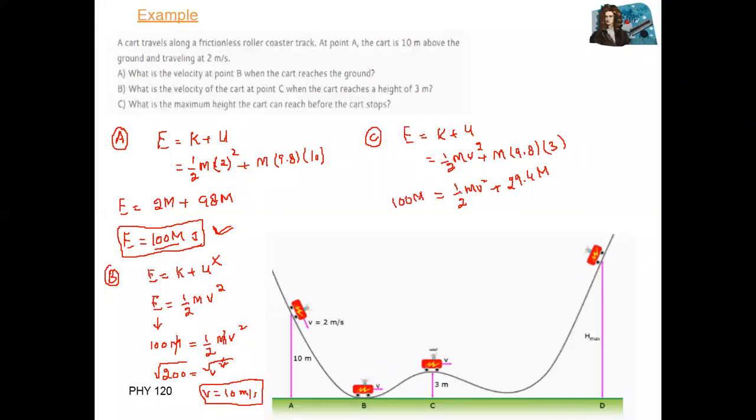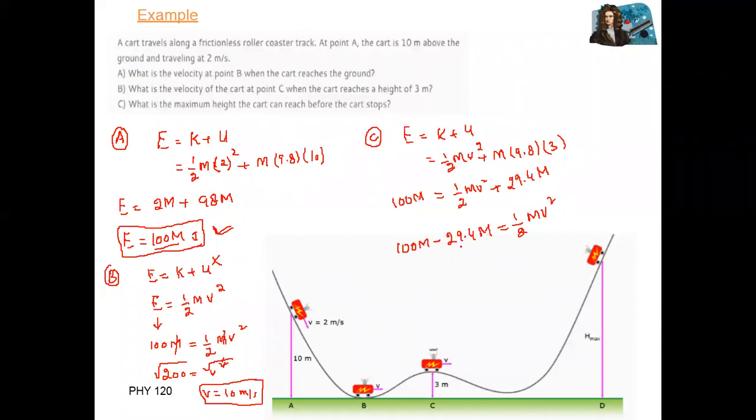If you transfer 29.4 m to this side, we have 100 m minus 29.4 m equal to half mv square. You can cancel m on both sides.